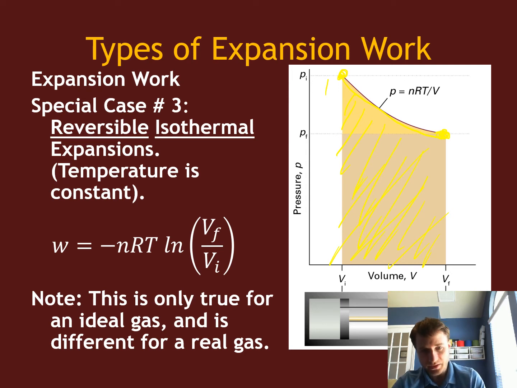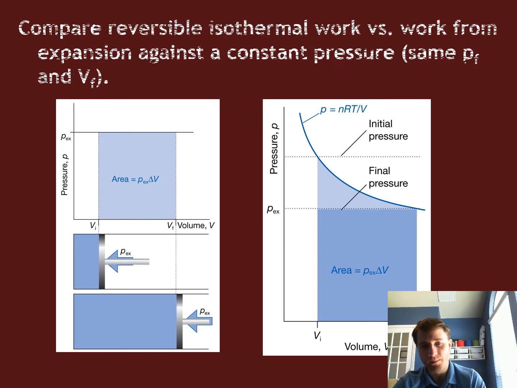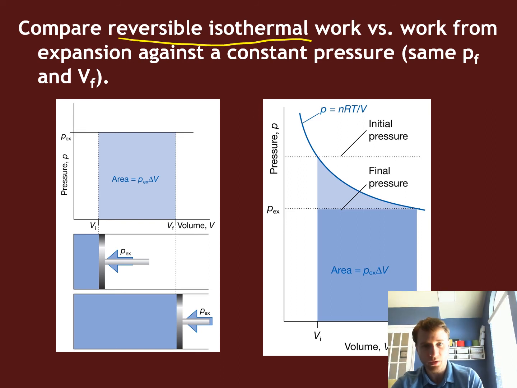Now, keep in mind that this expression here is only true for an ideal gas, and for a real gas where we use the van der Waals equation of state or the Virial equation of state, there would be a different expression for work.